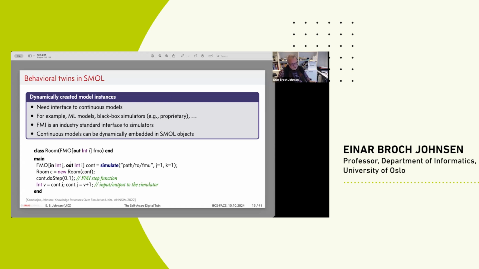We are encapsulating it in an interface for functional mockup objects. And then we are embedding this object into an object which is representing a room in our system. And we can now talk to this object as we would for the simulators. We could ask it to advance time. We could give it input and get output variables and so on. So this is a very simple way that we boot up simulators inside Smol.